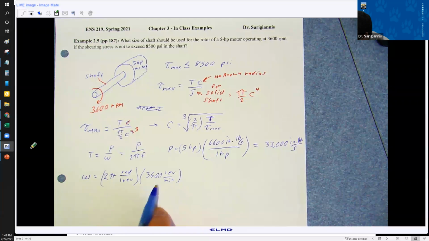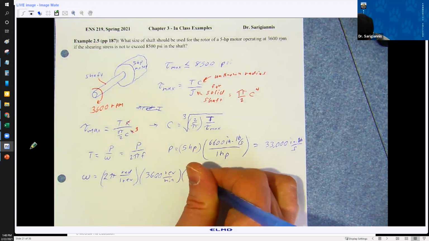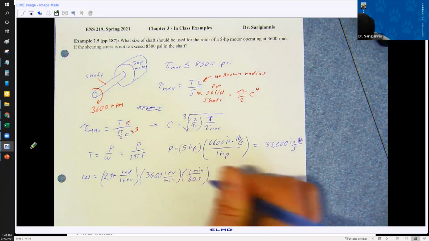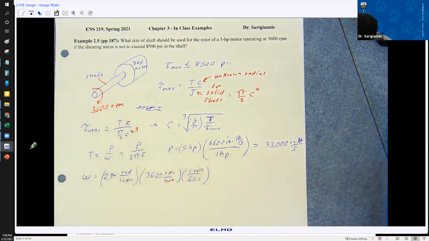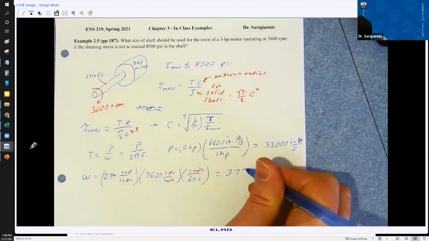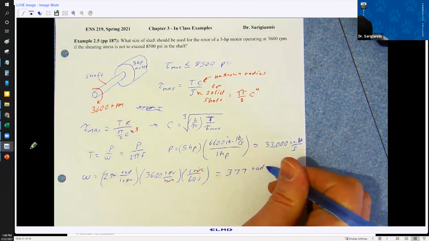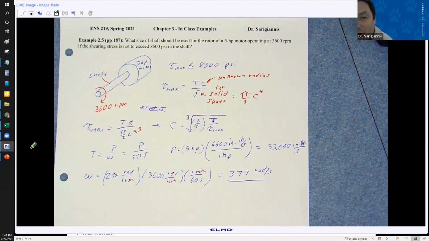So I should have written them backwards. 3,600 revolutions per minute, 2 pi radians is 1 revolution, and then we convert from minutes to seconds. 1 minute is 60 seconds. So from here we've got 377 radians per second. Right, this is the speed, the angular velocity, basically.